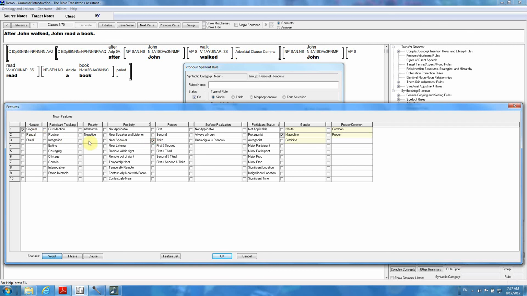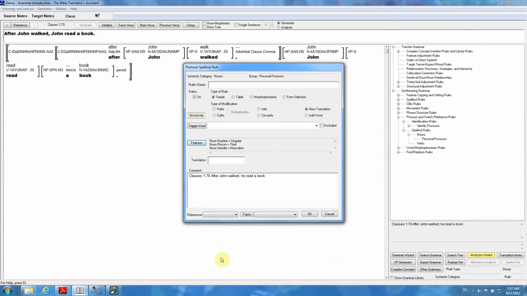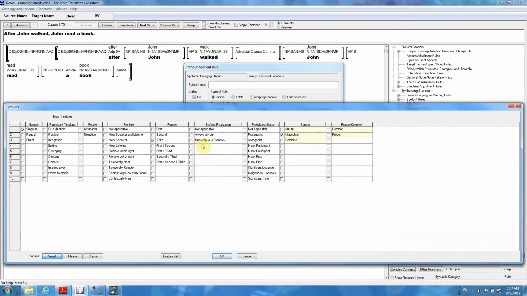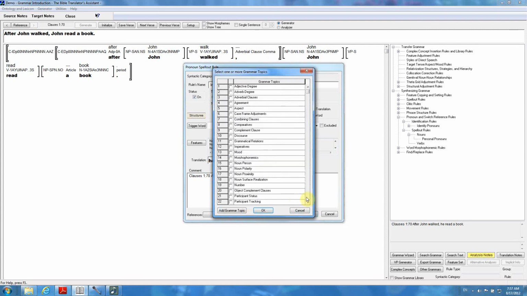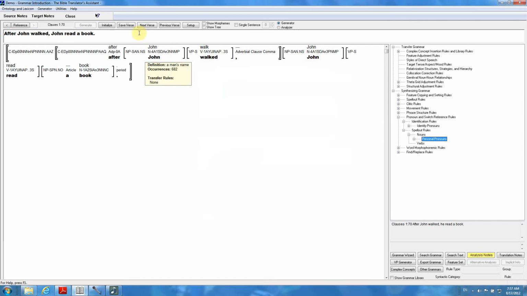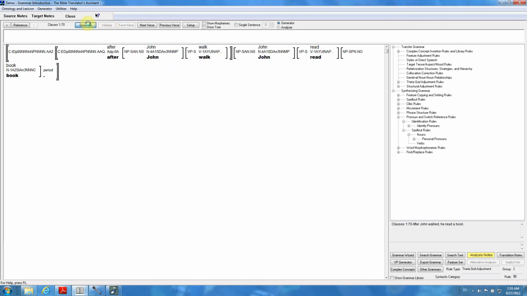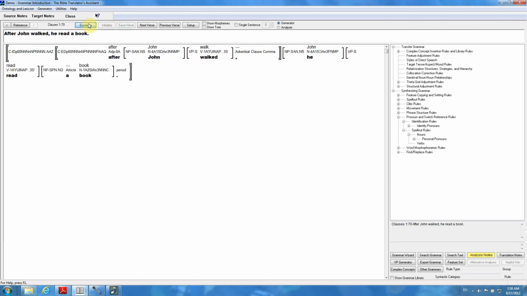Okay, third person, singular, masculine. Oh, and we also want to specify that it's unambiguous pronoun. That will be realized with he. Again, let's give this a grammar topic. And if we generate this verse now, "After John walked, he read a book." So that's the proper form.